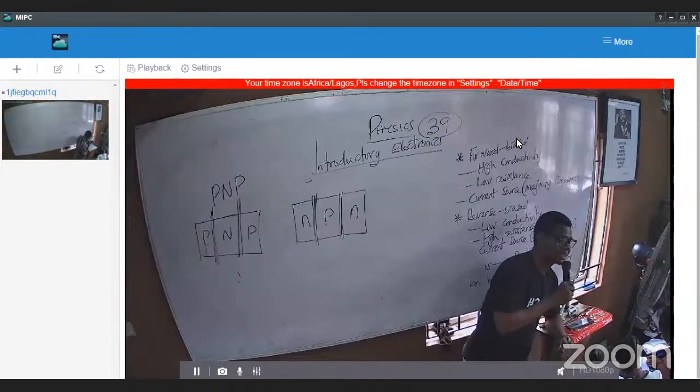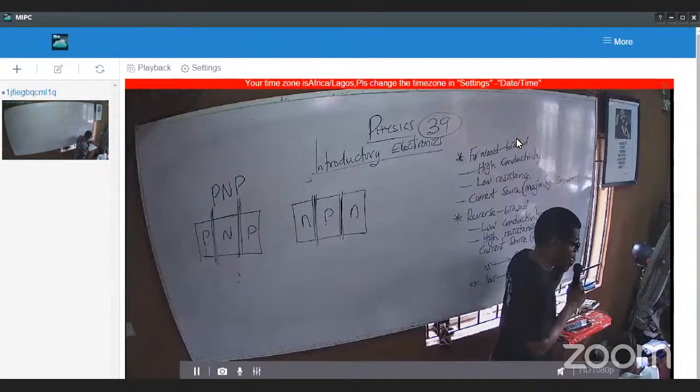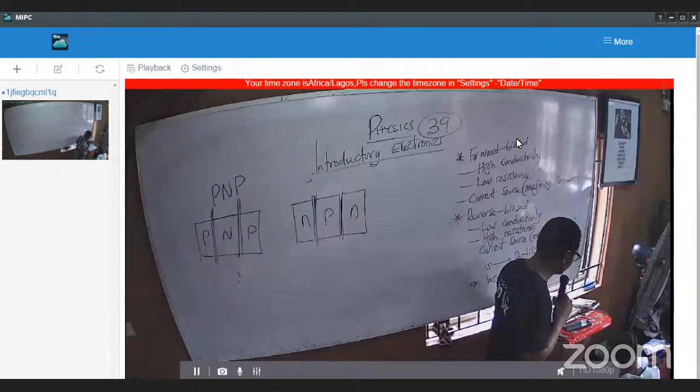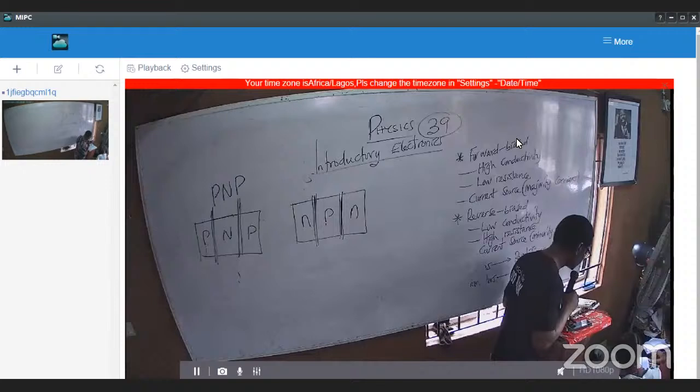Number 3. Which of the following classes of materials has the widest forbidden gap?